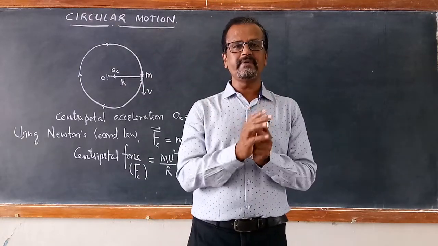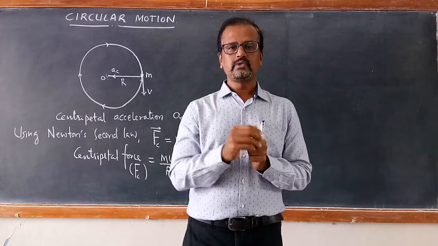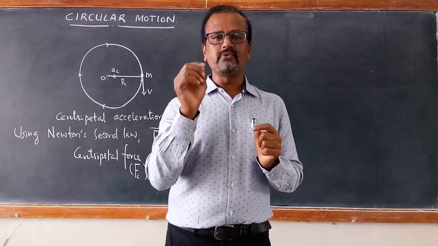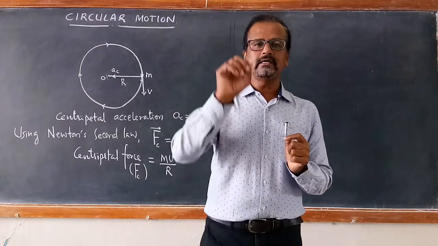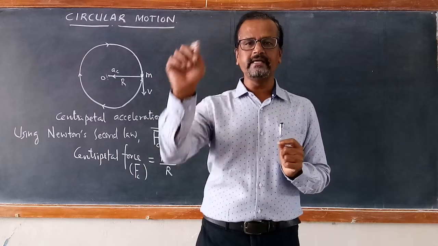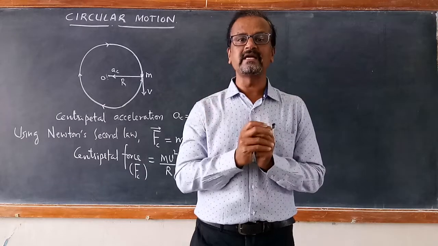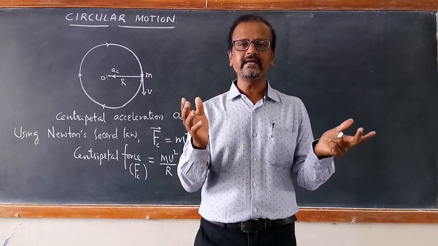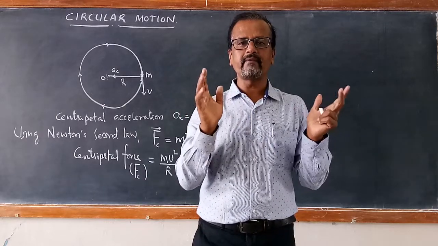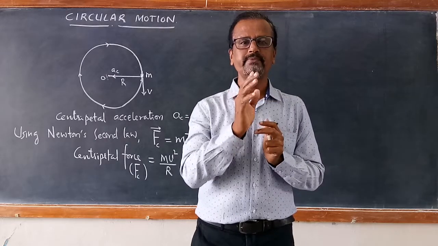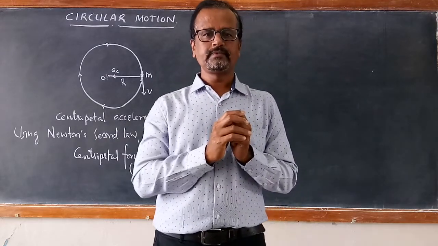At the center of the orbit there is the Sun. Which force gives this centripetal force? Definitely it is the attractive gravitational force existing between Sun and Earth.